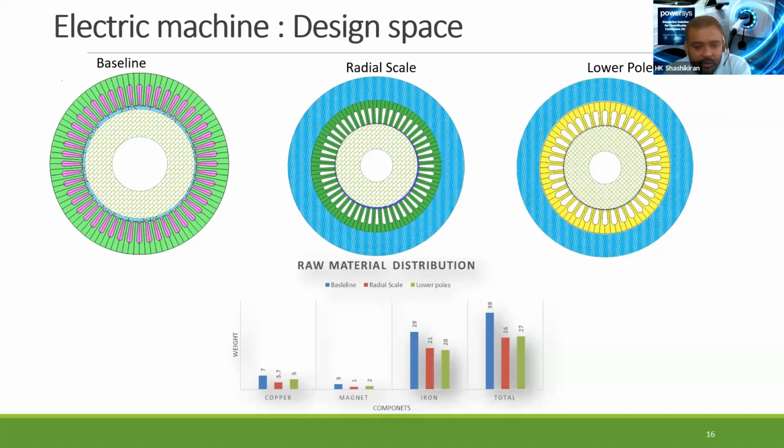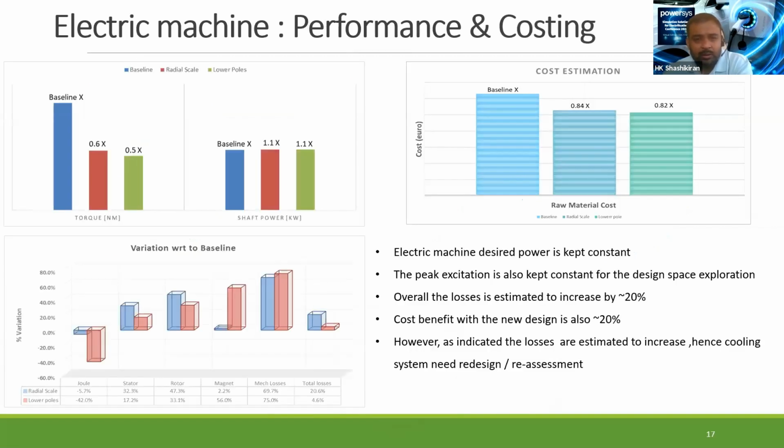It was 3 kgs, and now we are operating somewhere between 1 and 2 kgs. On the overall iron, we have reduced 10 kgs. And the overall total weight, we have reduced close to 15 kg of the machine weight. If you look at the production and the number of vehicles that will fit in, I think it's a huge cost saving for us. So this is the overall costing and pricing.